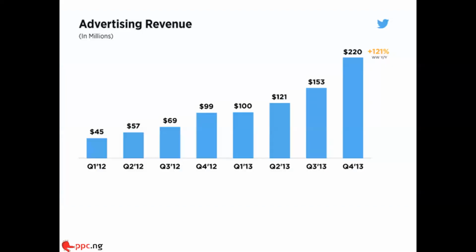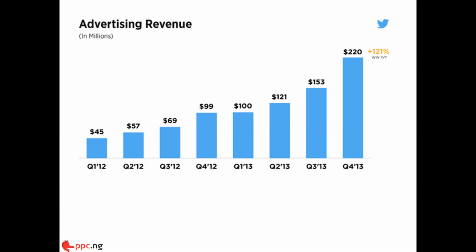Okay, so advertising revenue for Twitter for Q1 2012, we can see $45. It went up Q2 2012, $57. Now, those were the early beginnings, the inception stage for Twitter. You can see the figures are quite low. $69 Q3 2012, then $99 Q4 2012.